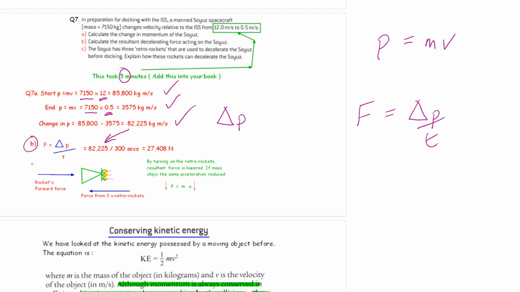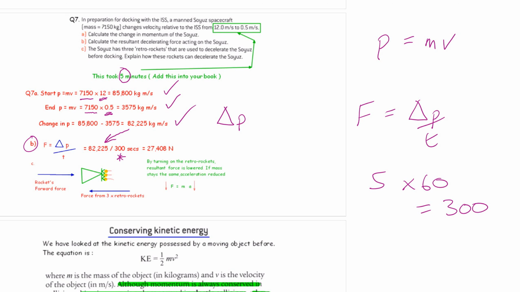The time is 5 minutes times 60 seconds. That is going to give us 300 seconds. That gives us our little value here. And so the resultant decelerating force is 27,408 newtons.